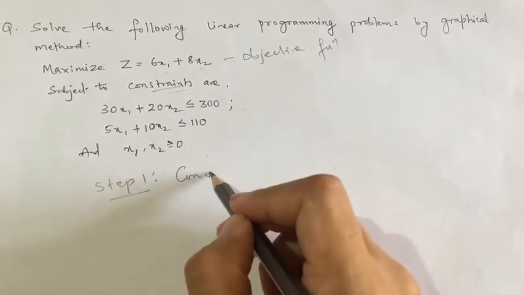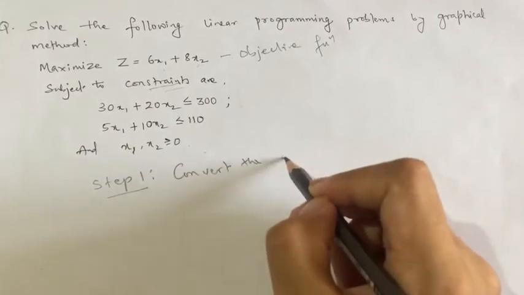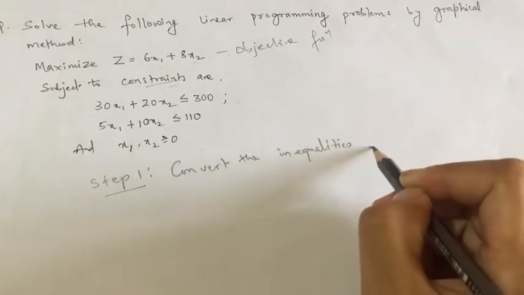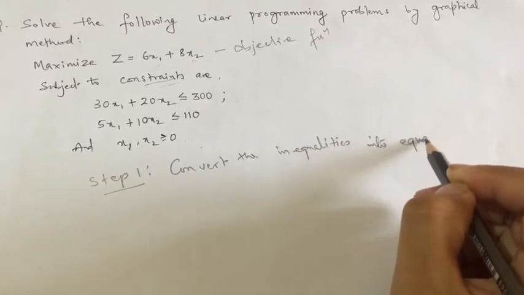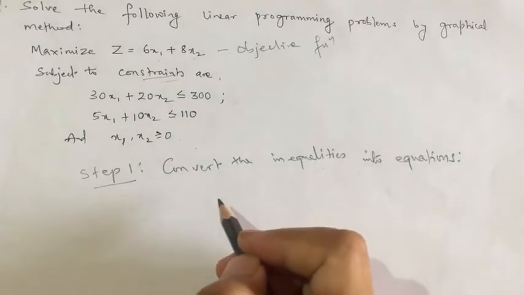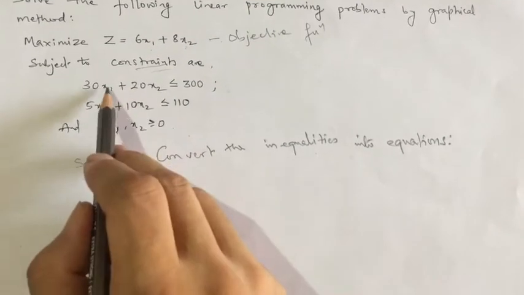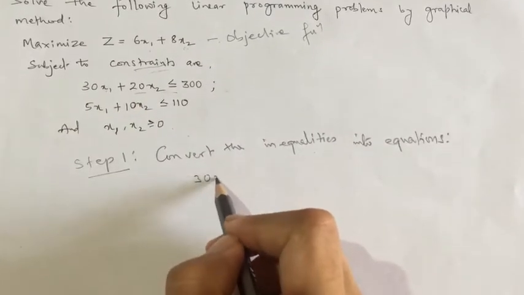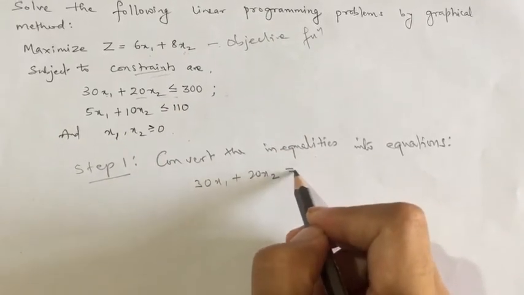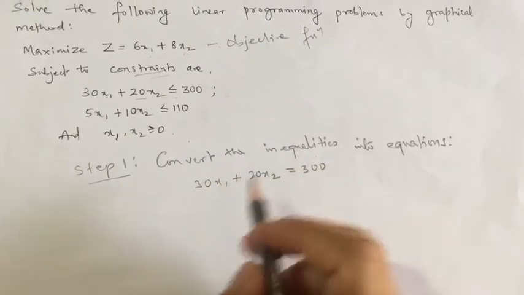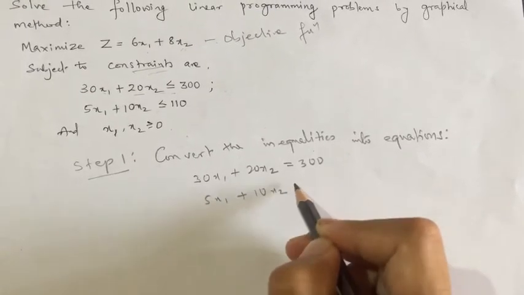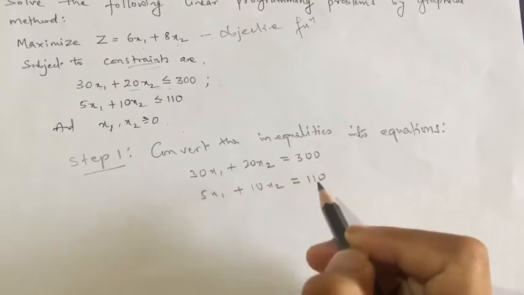So 30x1 plus 20x2 becomes equal to 300. The other is 5x1 plus 10x2, here also equal to 110.